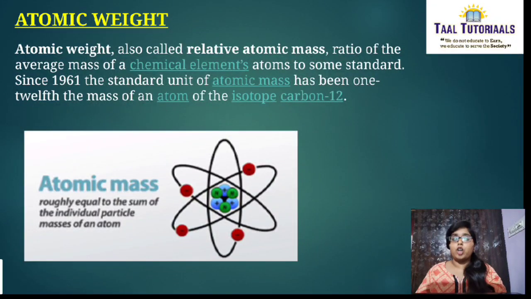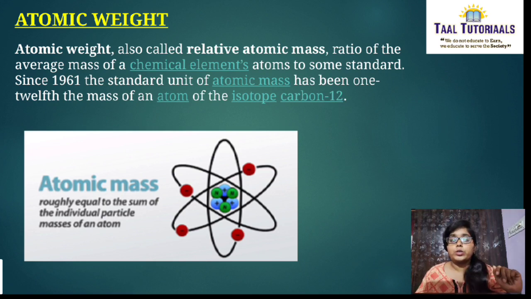Then coming to atomic weight. What is atomic weight? Atomic weight, also called relative atomic mass, is the ratio of the average mass of a chemical element's atoms to some standard.